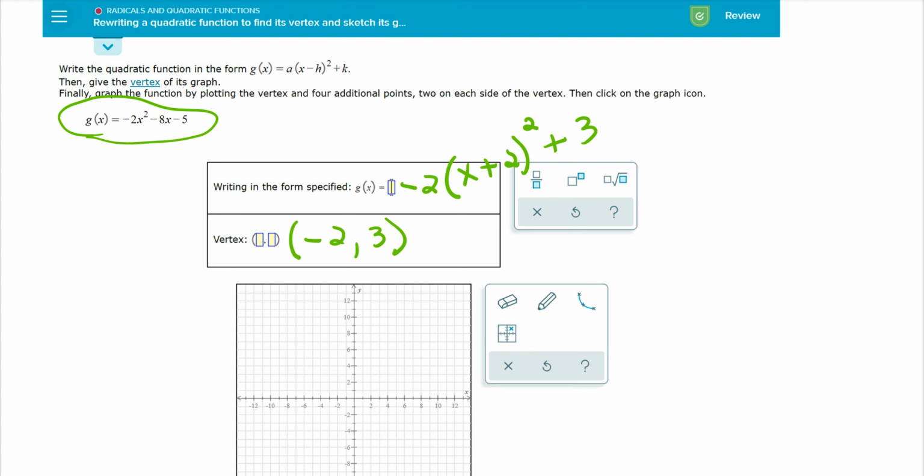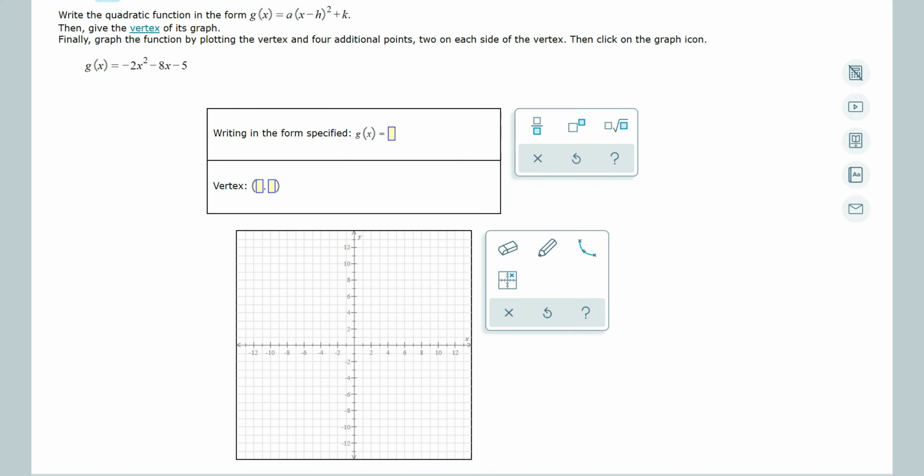And then they're going to have you go to the graph. Now for this part, I'm going to pause for a second. I'm going to switch over to the Alex program and show you how to do that. Okay, so I'm back in Alex, and here's my problem, and it said write it in the form, so that's negative 2 parenthesis x plus 2 close the parenthesis.